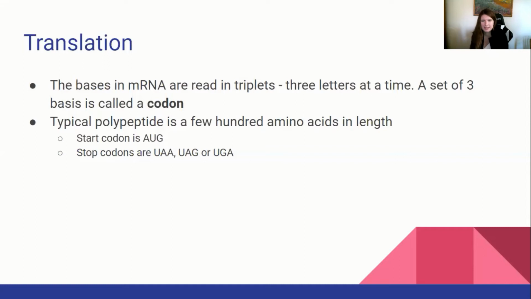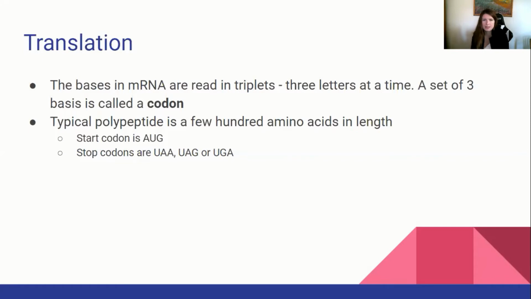So the bases in mRNA, bases like adenine, cytosine, guanine, and uracil. Remember, mRNA doesn't have thymine. They're going to get read 3 letters at a time. So sometimes we say that we're reading RNA triplets. Specifically, if we're talking about a specific set of 3 bases, it's called a codon. Okay, so we're reading our mRNA codons.